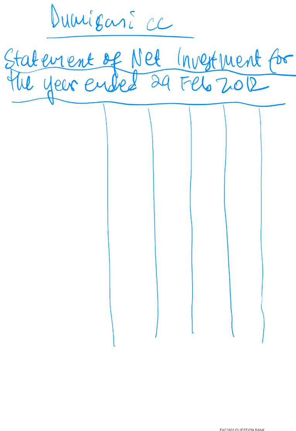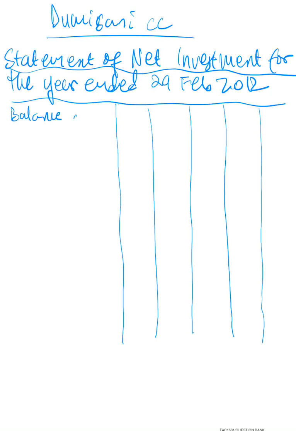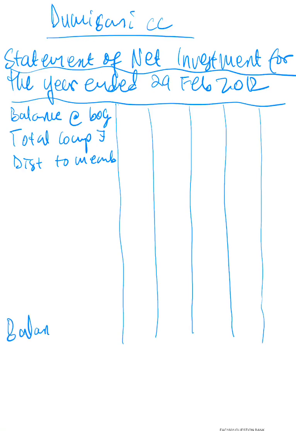This is too big. So you have your balance at beginning of year, followed by total comprehensive income. You might be having distribution to members. Then let me put my balance at end of year.